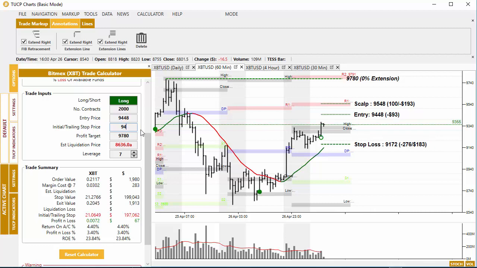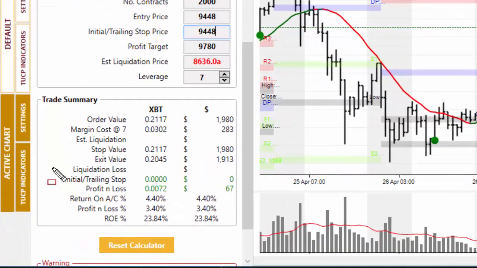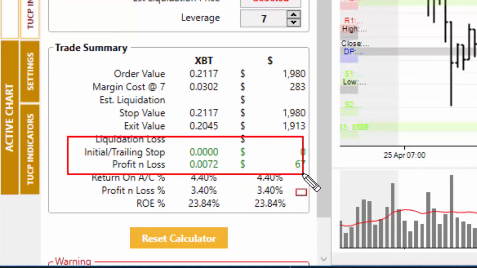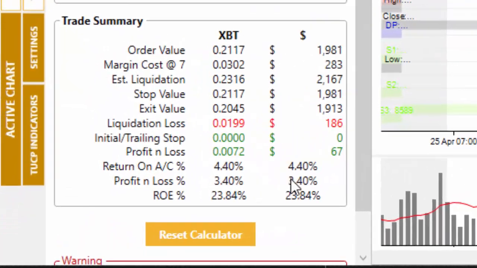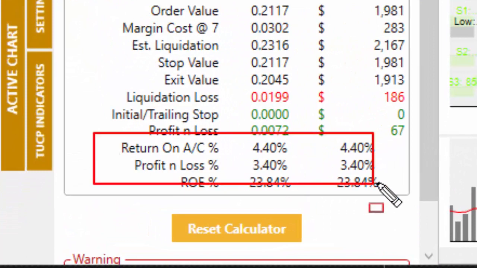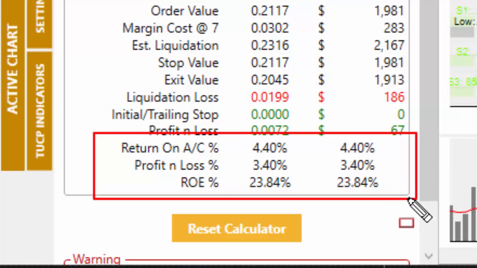So I can go to 448, and you will see now that the risk in the bottom part here is 0, with a potential of $67 profit on the table there if the market trades up to the 9780 level.